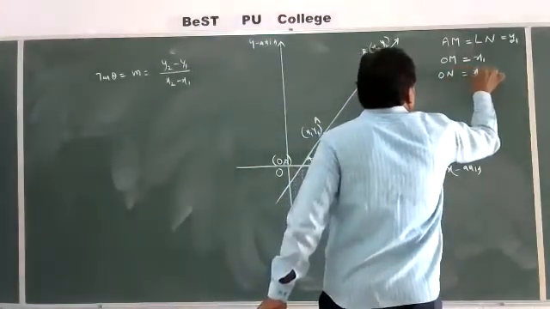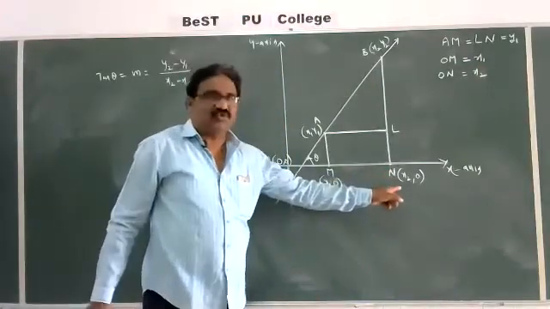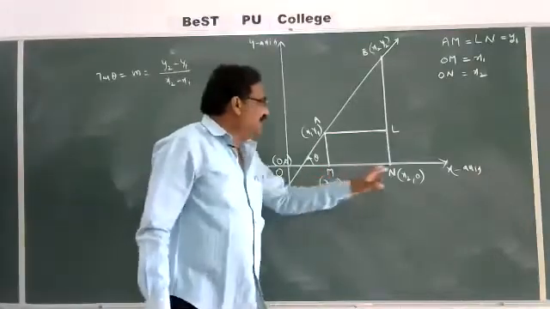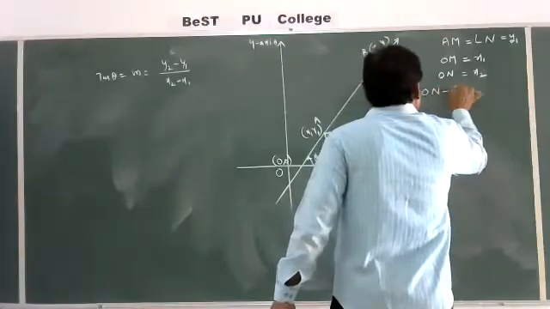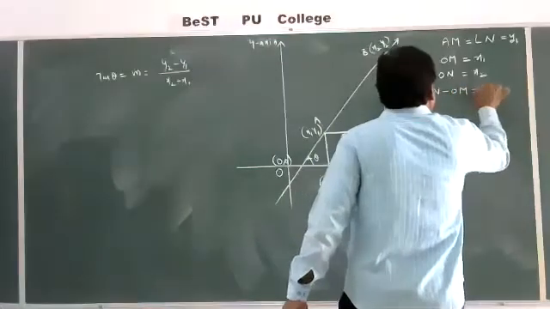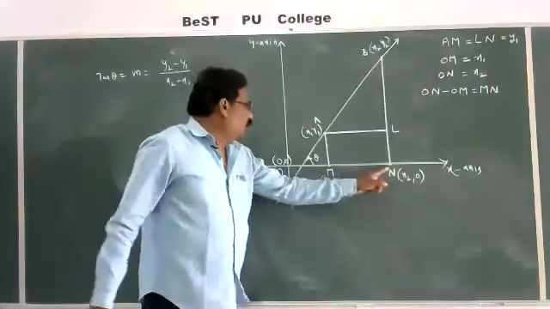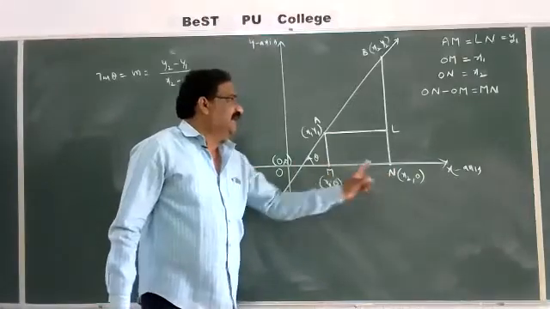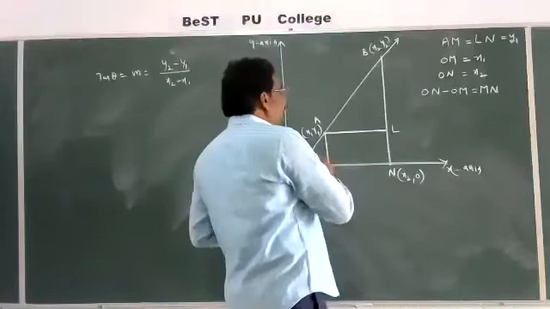I think you understood about the graph. ON length is X2, OM length is X1. We require MN. ON minus OM, we get MN. That is, ON is X2, OM is X1.